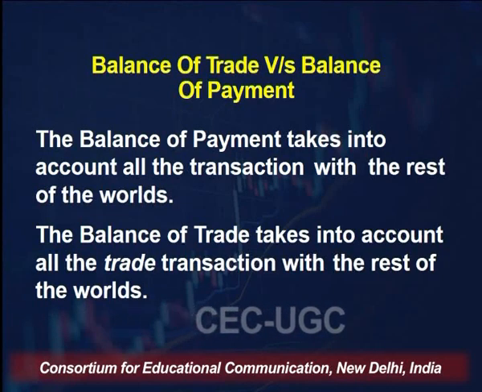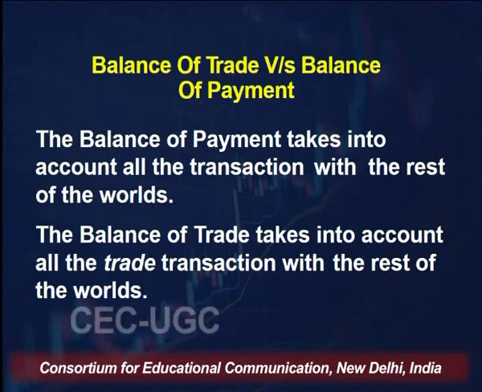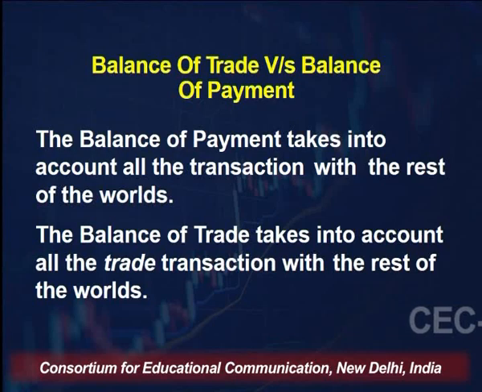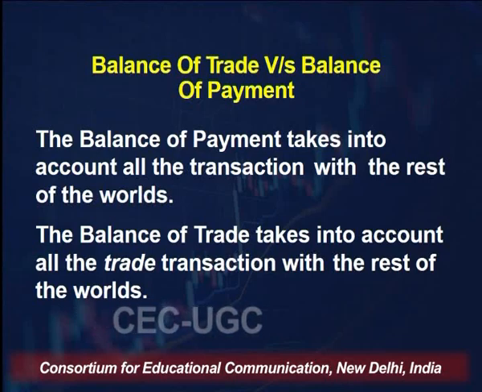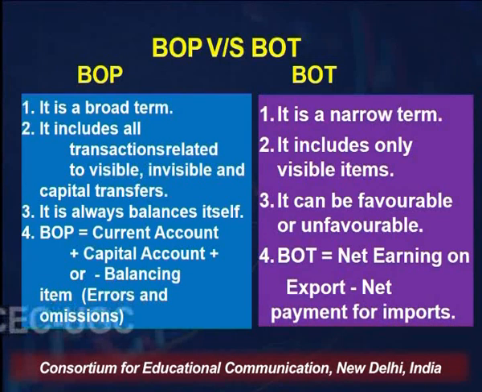The balance of payment takes into account all the transactions with the rest of the world. On the other hand, the balance of trade takes into account all the trade transactions with the rest of the world. So we can say that balance of trade is a subset of the balance of payment. If you distinguish between the two, balance of payment is a broad term and balance of trade is a subset of it.